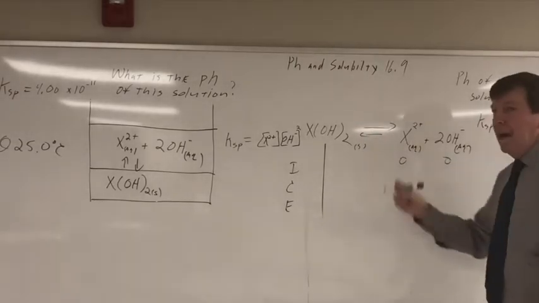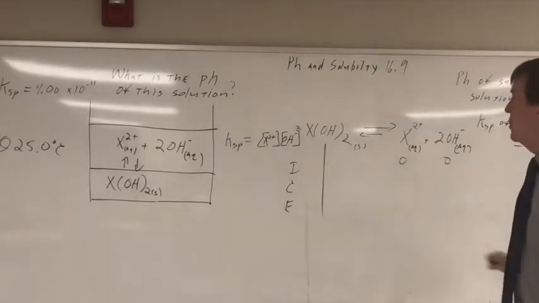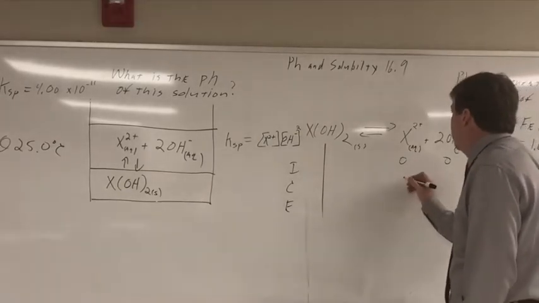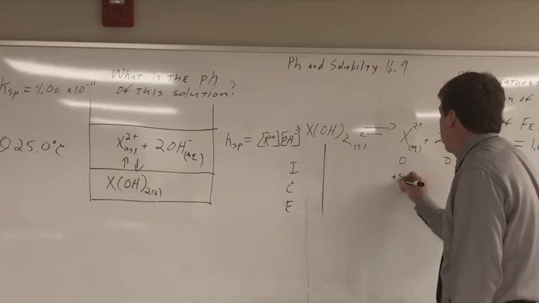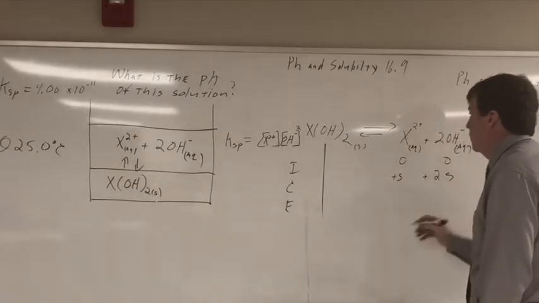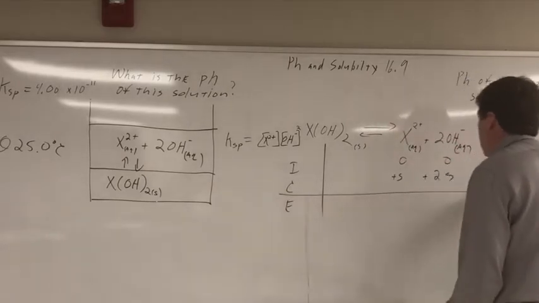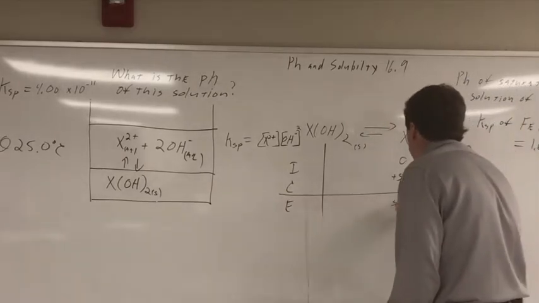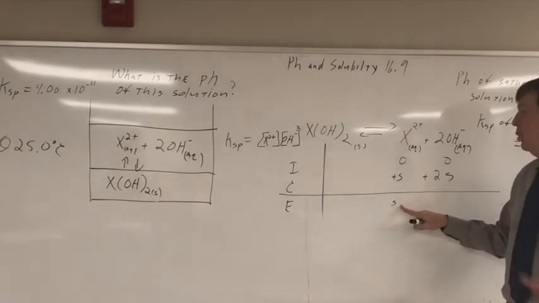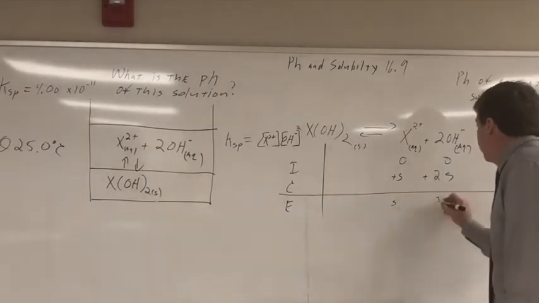Equilibrium is going to be established within a fraction of a second. So we're going to have a change here. This is going to increase by s, so this is going to be plus s, and this is going to increase by 2s. Notice at equilibrium we'll have s, and again, this is the molar solubility, so this is moles per liter. And then we're going to have 2s.